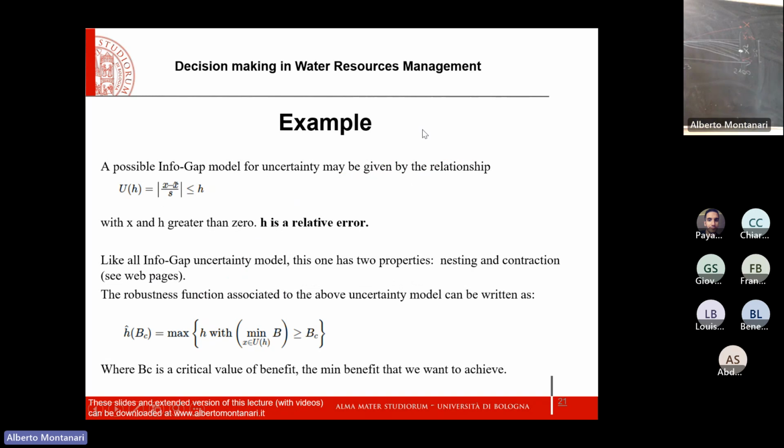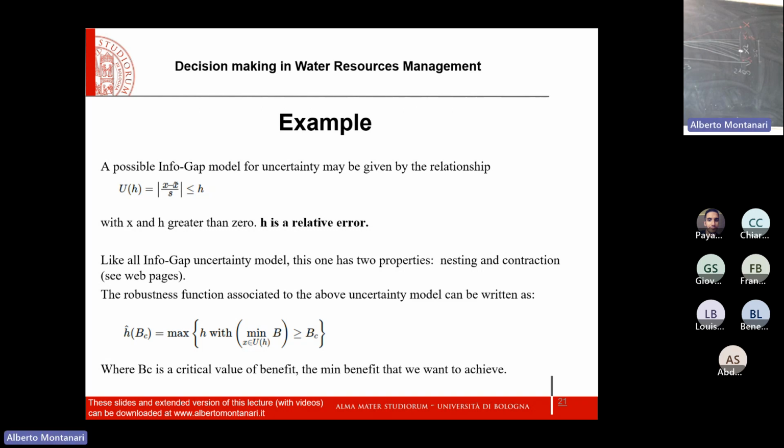And then I look for the uncertainty, the max uncertainty that gives me this minimum benefit. Look, max H. I'm looking for the max H with minimum benefit for all the scenarios greater than the critical value.